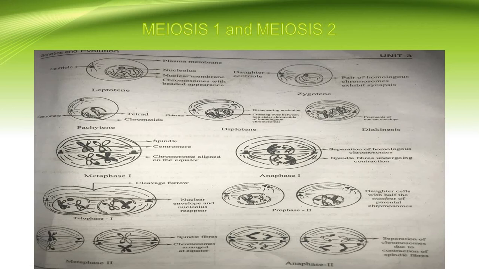This is the process of meiosis 1 and meiosis 2. So in the prophase 1, we have the first substage, that is leptotene here. Leptotene, the first substage of the prophase 1 of meiosis 1.